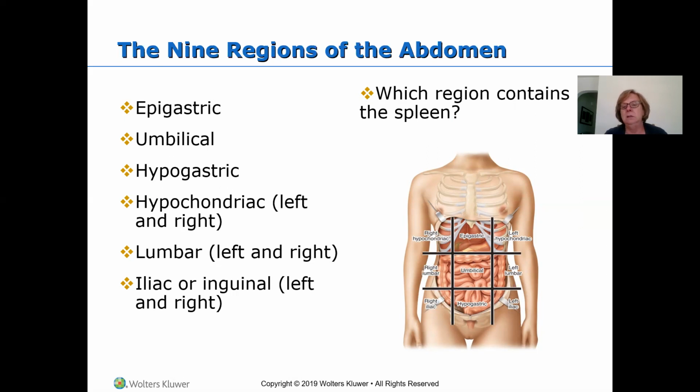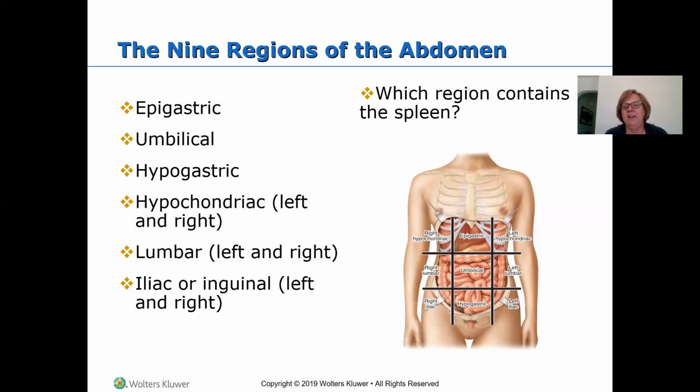To the right and left of that grid are the hypochondriac, starting at the most superior, the central is the lumbar, and then the bottom is the iliac. We describe those according to right and left sides, and it's your right and left side. So it would be on the side of your right arm.